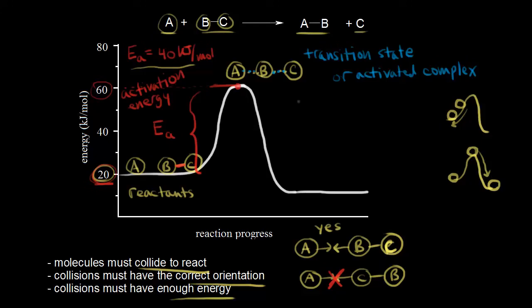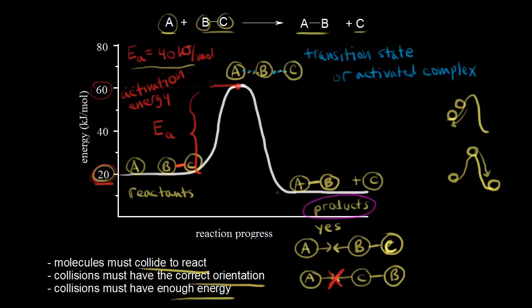So for our example, our products would be our new diatomic molecule AB. So let me draw that in here. So here we have AB, and we also have plus C at this point. So this would be our products, and this represents the energy of our products. So let's go here and find that on our diagram. So we have our products here.